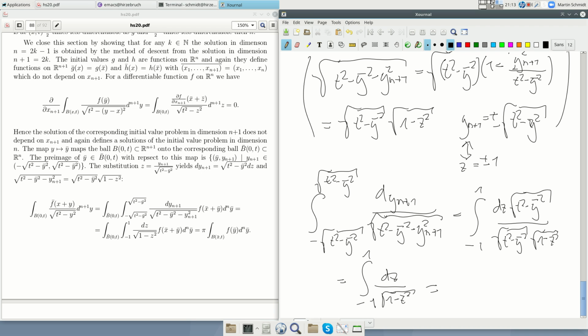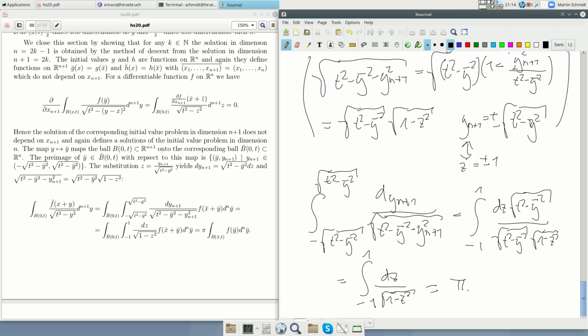Yeah, and this integral, what is it? It's clearly, so arc sine is an antiderivative of this function, so we just get pi.